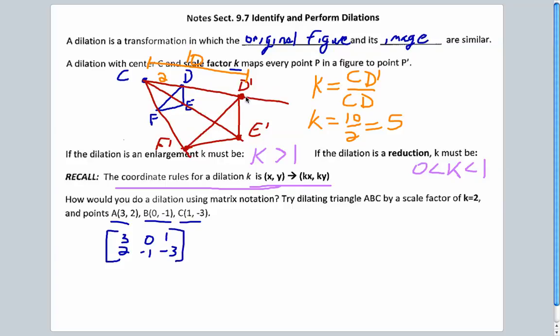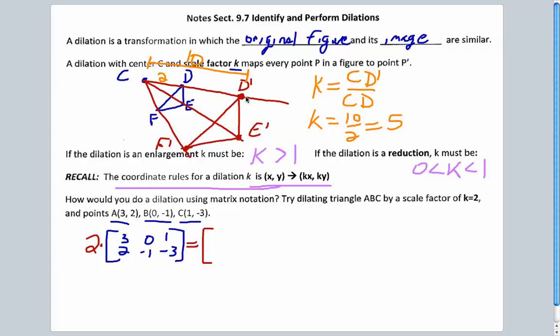And then my scale factor is 2, and I'm going to do what's called scalar multiplication. I'm going to multiply every number in this matrix by 2. So this is called scalar multiplication. I'm scaling the triangle up by a scale factor of 2, and the way that I do that is I just multiply every number in the matrix by 2.